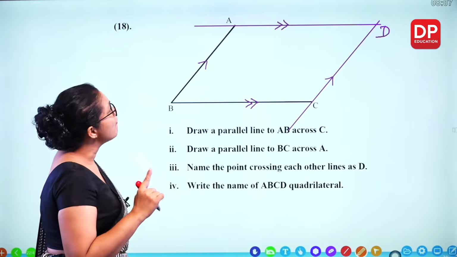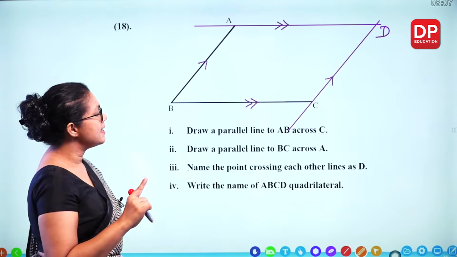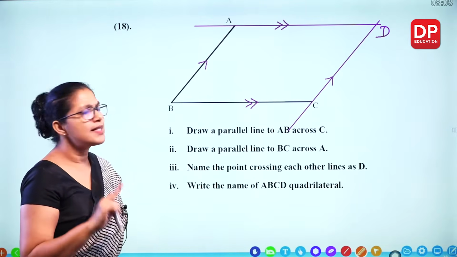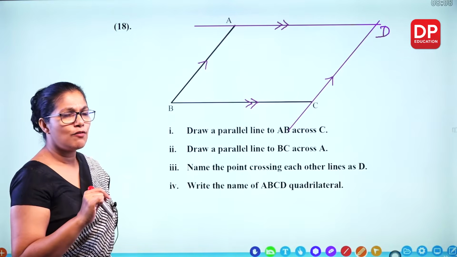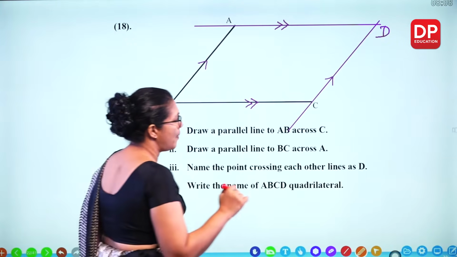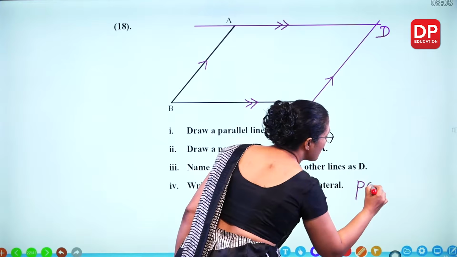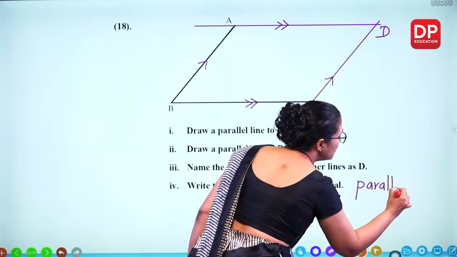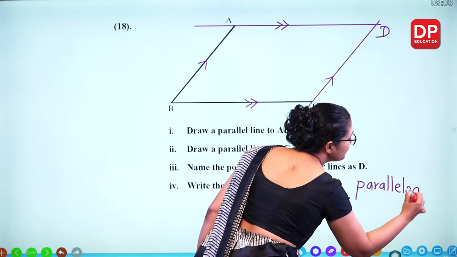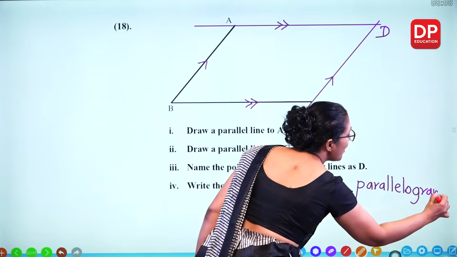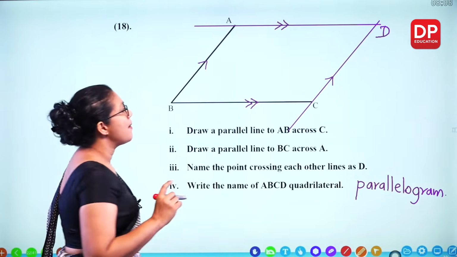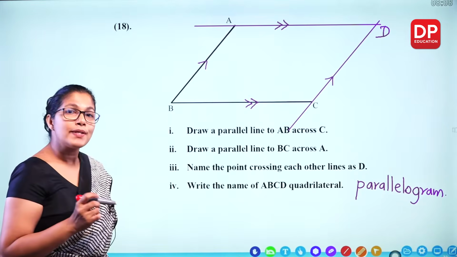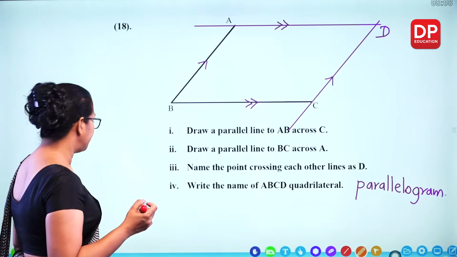Write the name of ABCD quadrilateral. Opposite sides are parallel. What do you call that? Parallelogram. So the parallelogram is ABCD because opposite sides are parallel.